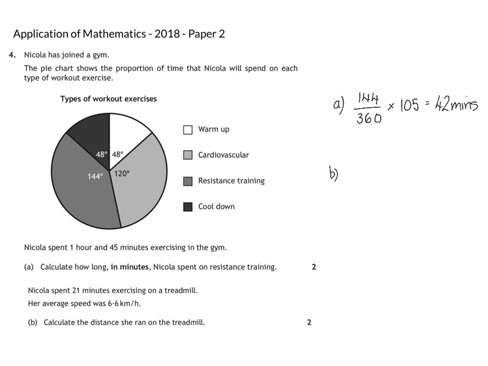Part B, she spent 21 minutes exercising on the treadmill. Her average speed was 6.6 kilometers per hour. Calculate the distance she ran on the treadmill. So we need to know this one is speed, distance, time. So distance is equal to speed times time. We have an issue though, because our speed is 6.6 kilometers per hour, but our time is in minutes.